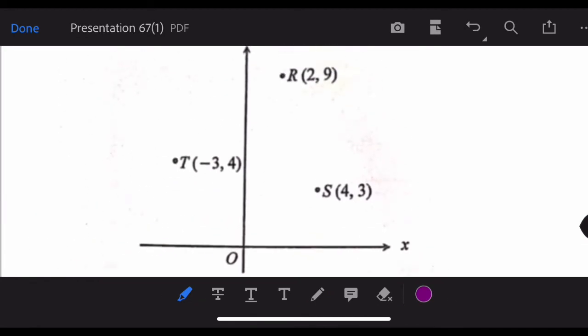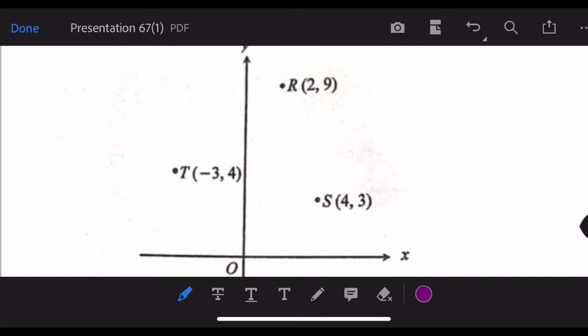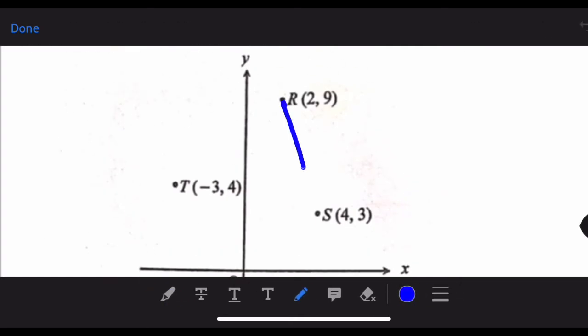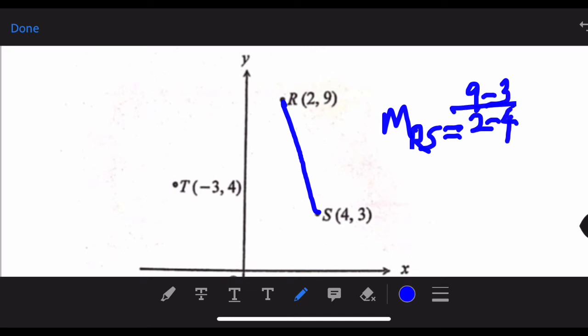Meaning perpendicular to RS, so we have to find the gradient of RS. So m_RS is equal to (9 minus 3) over (2 minus 4). 9 minus 3 is 6, 2 minus 4 is negative 2. So the gradient of RS is negative 3.